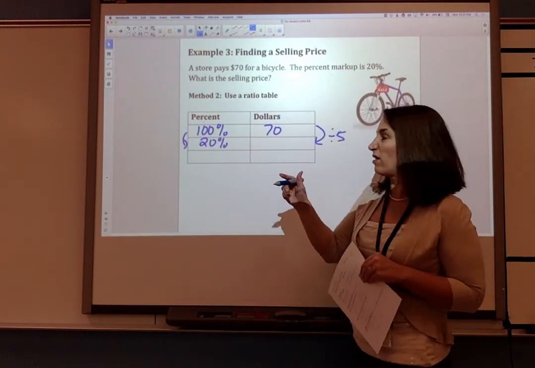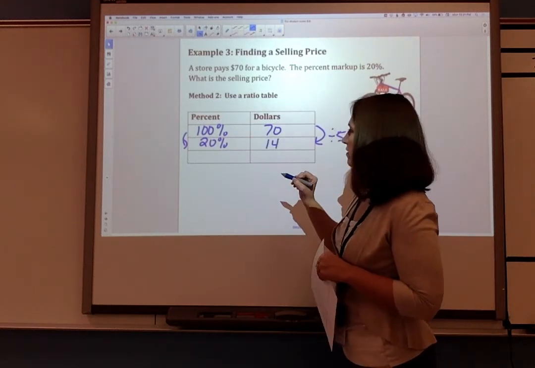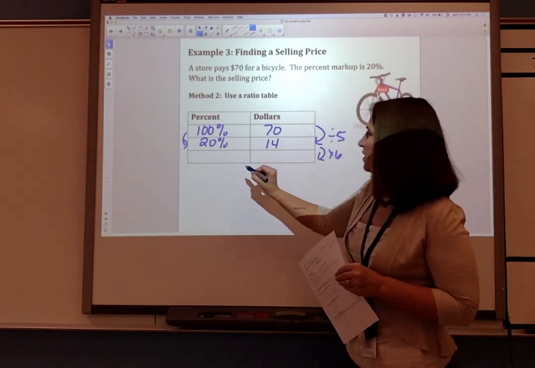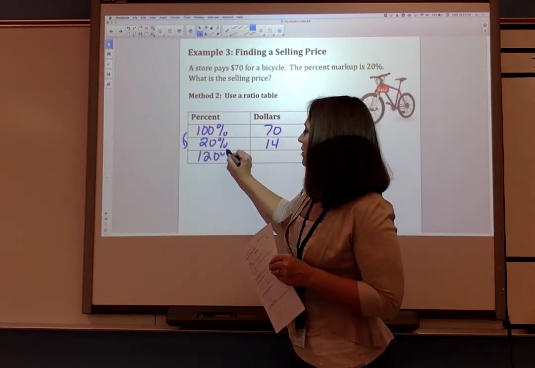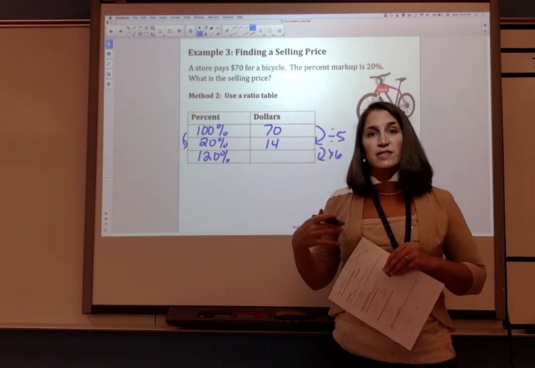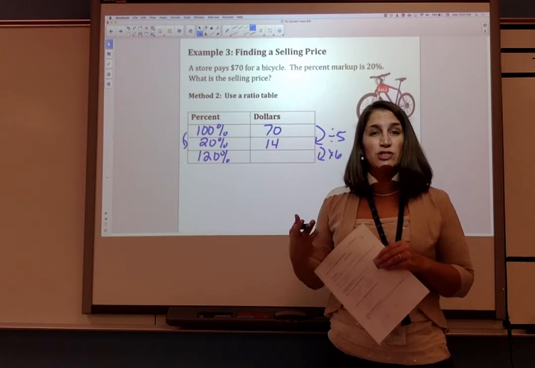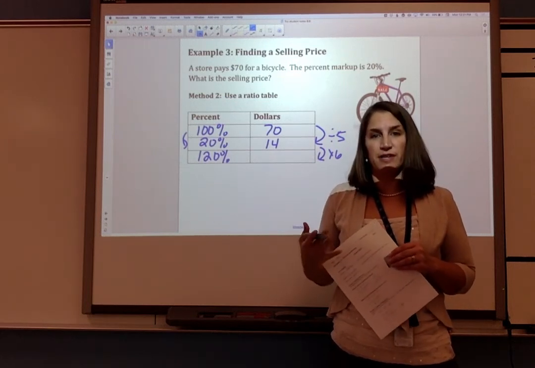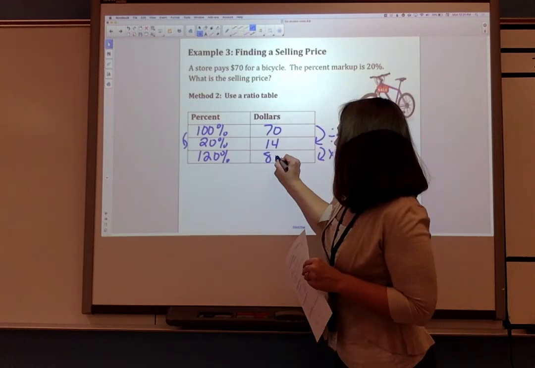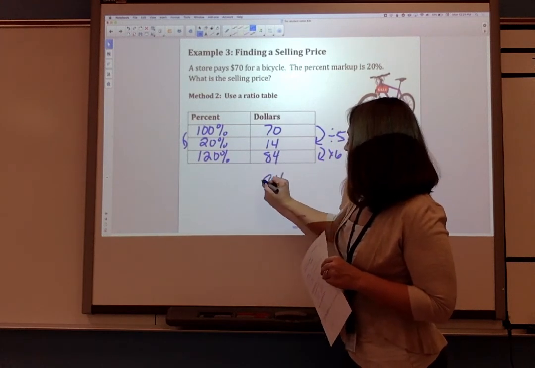What is the percent markup, which was 14. And then we could multiply by 6 to figure out, well, what's 120%. Because if the store is marking it up 20%, that means they are charging you 120% of the original price, which is $84.